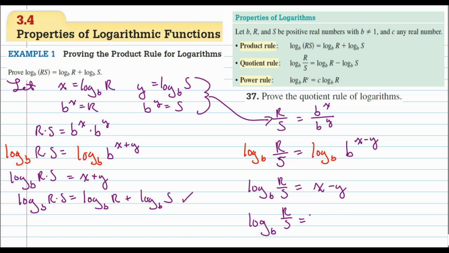So x is log base b of r minus log base b of s, which was y. So again, my strategy was, instead of working with logarithm properties, because I don't know any of those, I changed it to exponential so that I could work with those properties and then substituted it back in at the end.